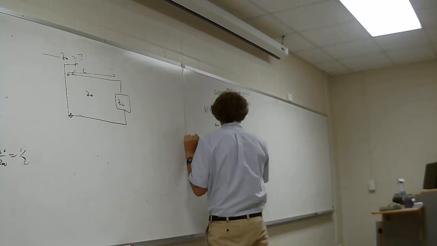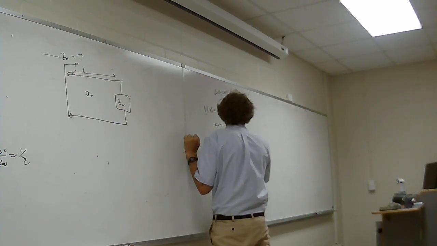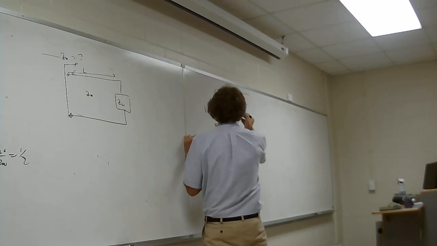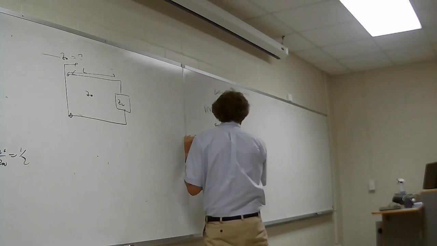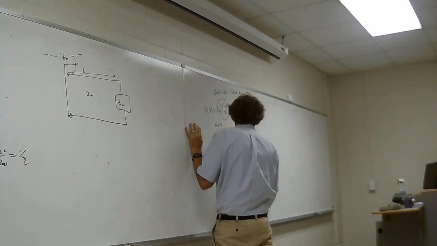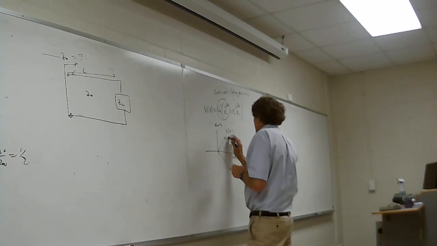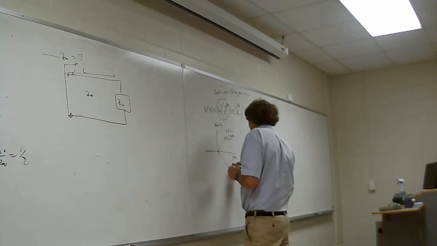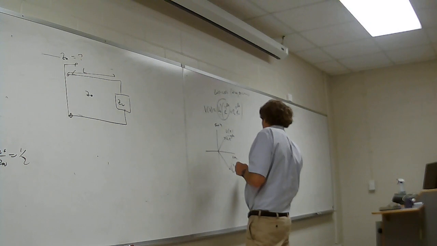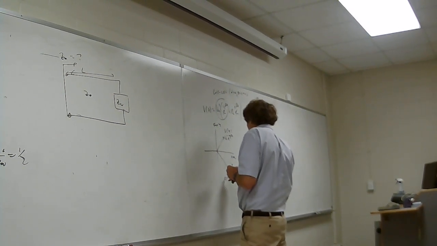So this is going to be some V0 plus e to the minus j beta z. It's an angle. You're going to have another one there, rotating in the positive direction. And then it's going to be V0 plus times the reflection coefficient times e to the j beta z, and it's revolving that way.